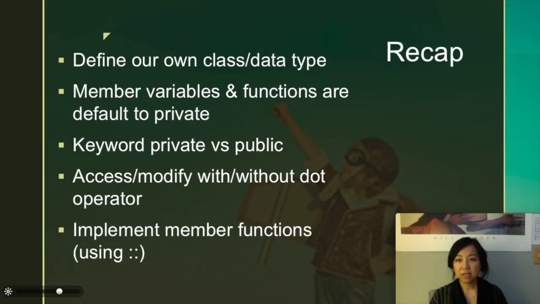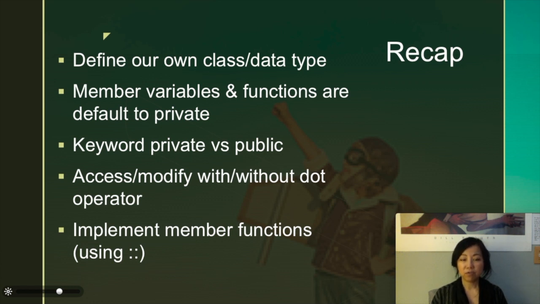So now let's recap. We have talked about how to define our own class, our own data type. We have talked about how in classes we have member variables and functions, and all of them default to private. We talked about the keywords private and public, and how you need the dot operator to access or modify your variables.